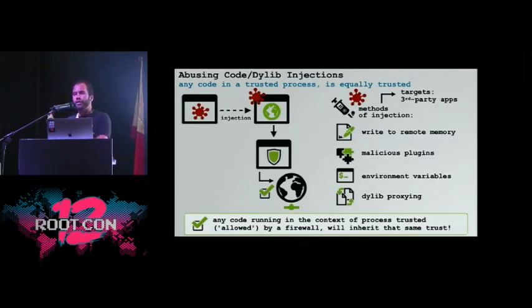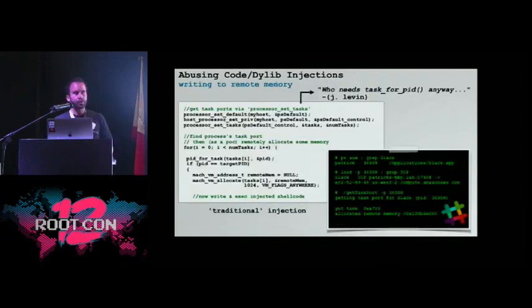And so if you can inject code into those processes and then generate a network request from that, the firewall will see that, but because it's coming from within the trusted process context, it will be allowed. So there's a variety of ways to do process injection on macOS, and we'll talk about some of them briefly here. So first up is traditional injection.